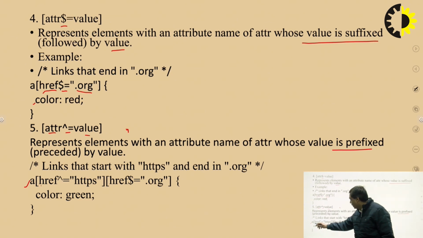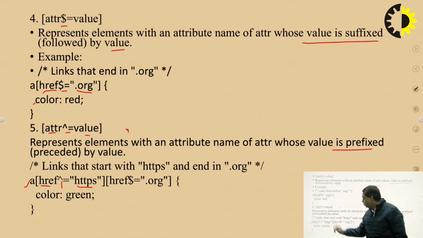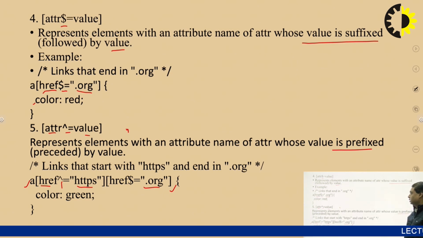So we are using href caret HTTPS, meaning any URL must start with HTTPS. This word must be present at the start. The caret symbol is ensuring this. Then the URL must end with .org. So this example represents that the color will be green only for URLs where the start of the URL is HTTPS and the end of the URL is .org.